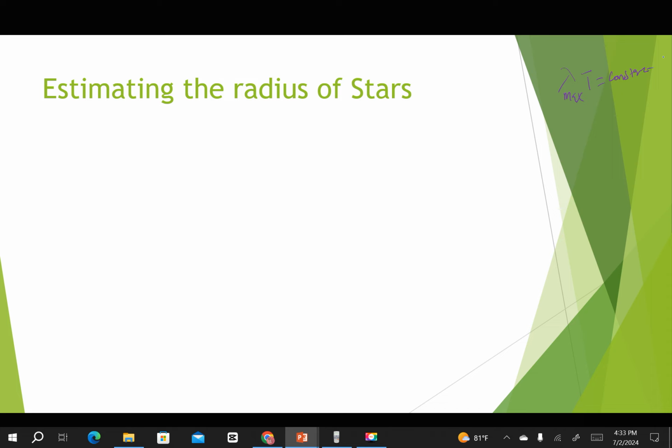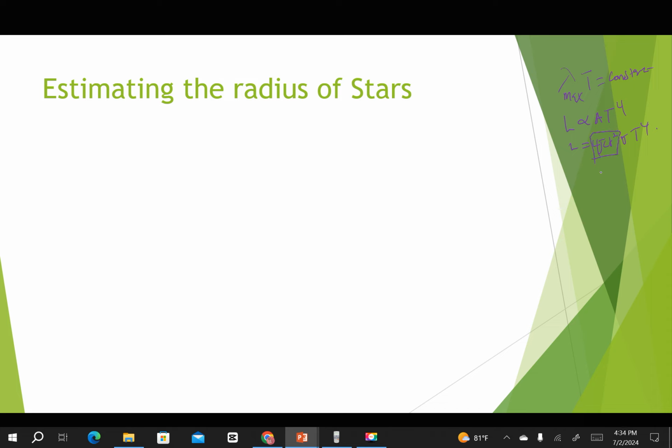Number two, Stefan Boltzmann's law: the radiant power emitted by a star is directly proportional to the area and also directly proportional to the fourth power of the absolute temperature, which means L equals 4 pi r squared times sigma times T to the power of 4, if we assume that the star is spherical.